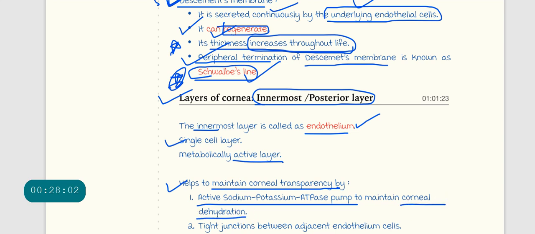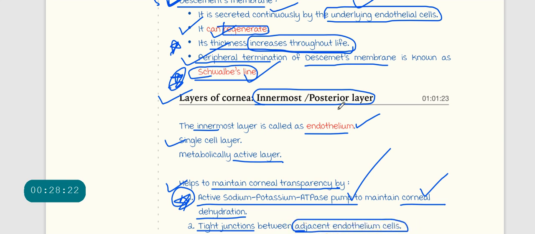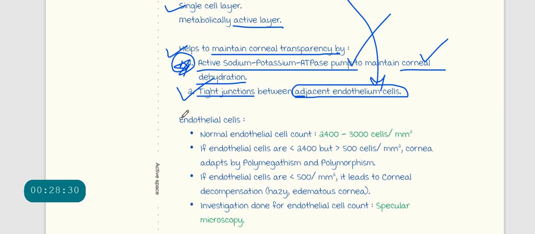Tight junctions are present between the adjacent endothelial cells. Very easy. Basically endothelial cells are approximately 2400 to 3000 cells per millimeter square.